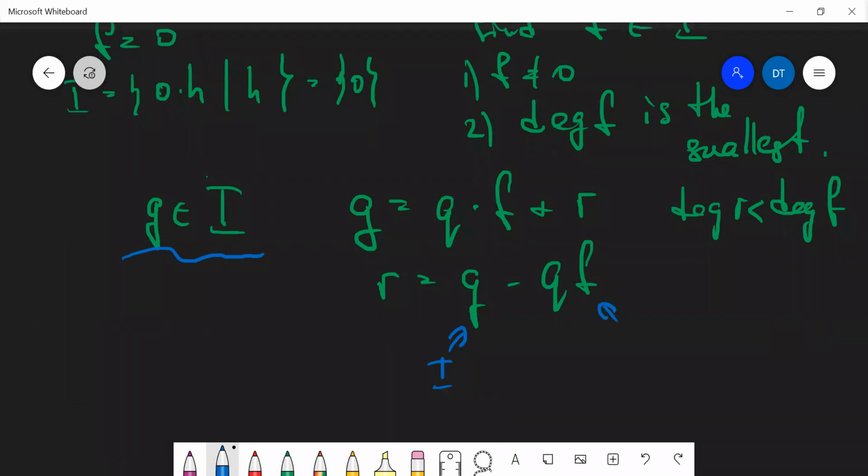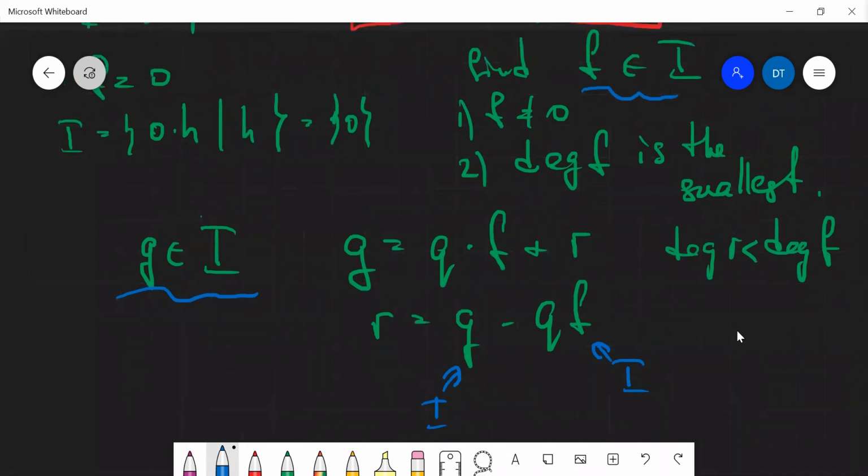Now, F is from the ideal because of the definition of F. Since Q was an arbitrary polynomial, if we multiply Q by a polynomial from the ideal I, then this product is also in the ideal I, just by the definition of the ideal. And the difference is also inside the ideal. So we can see that R is inside the ideal I.